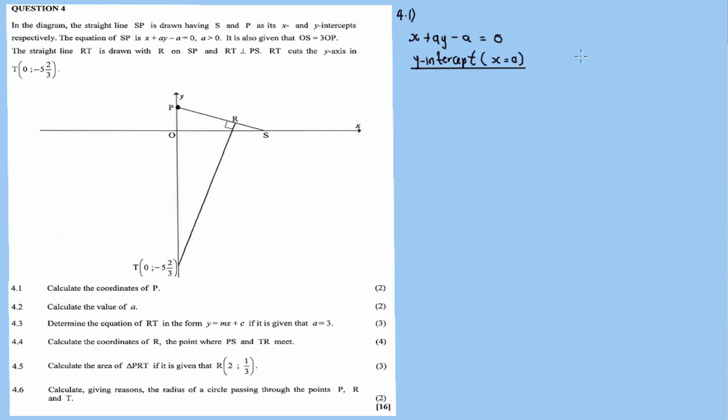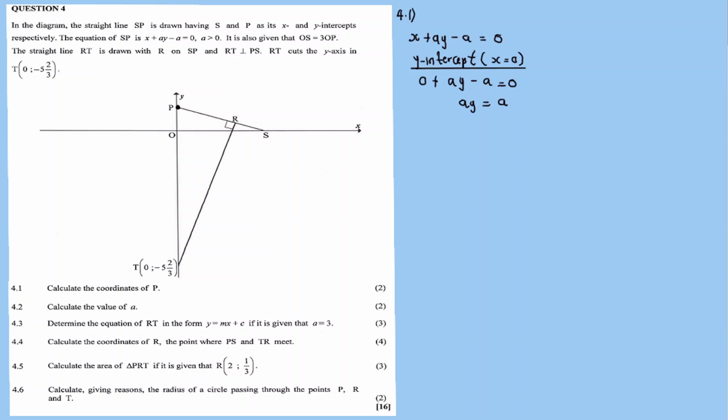So let us pretend as if the value of A is known. I don't know if I make any sense now, but anyway, we calculate the y-intercept for this equation, right? So for the coordinates of P, where x is 0, we make y the subject of the formula.